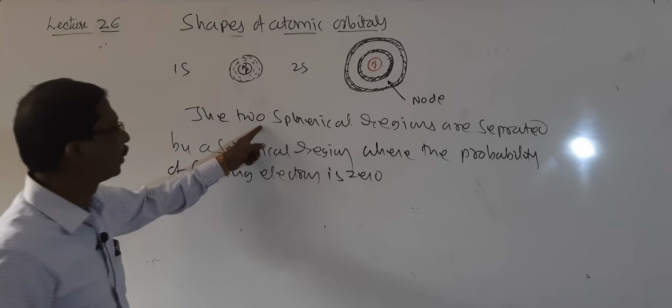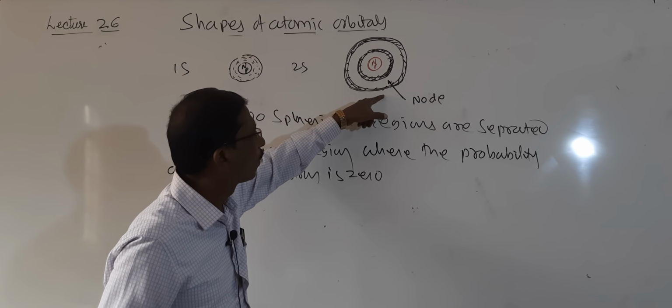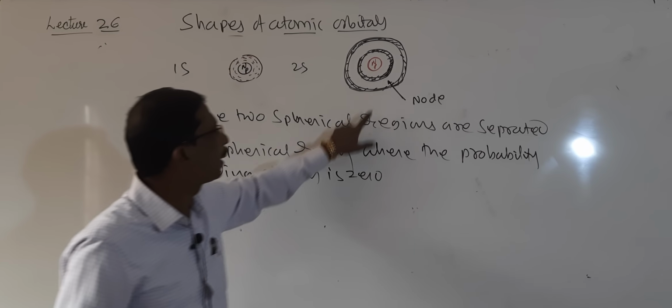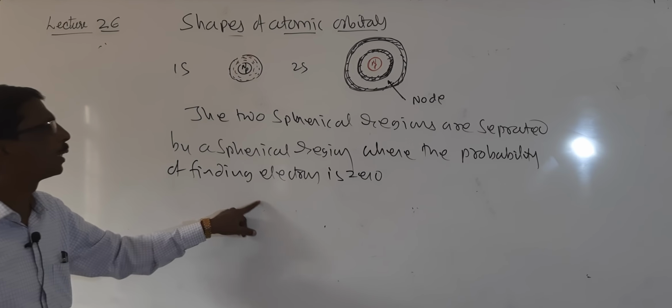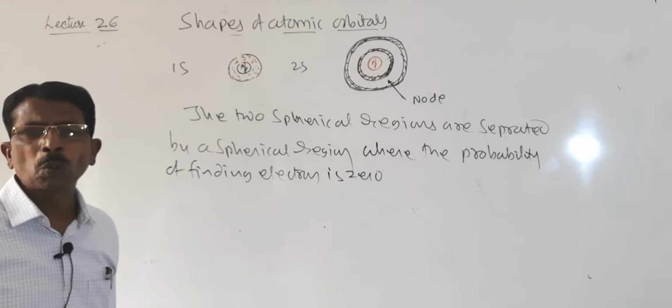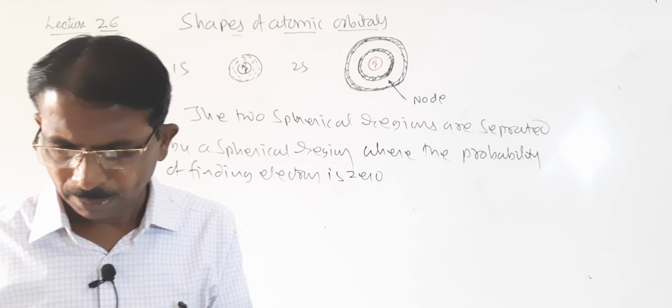Look here, students: the two spherical regions are separated by this spherical region where the probability of finding an electron is 0. That is called a node.